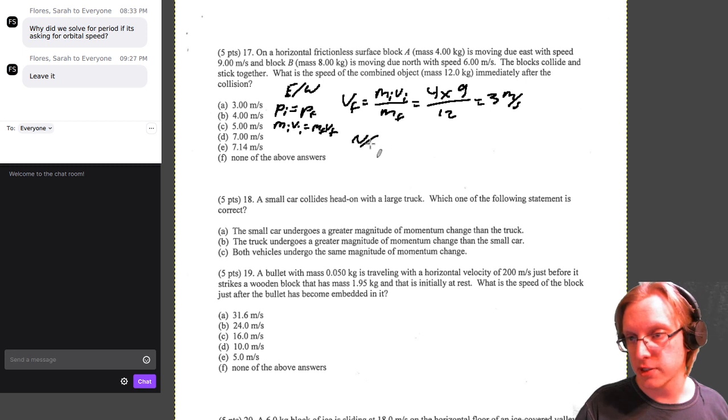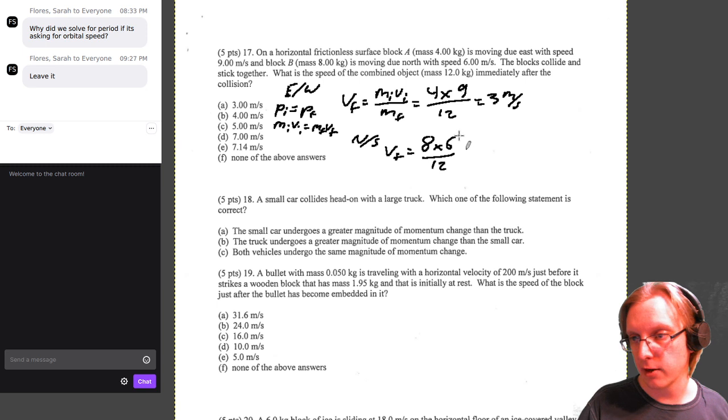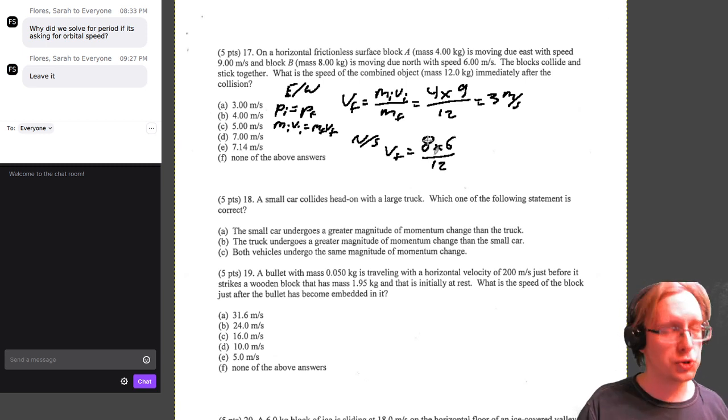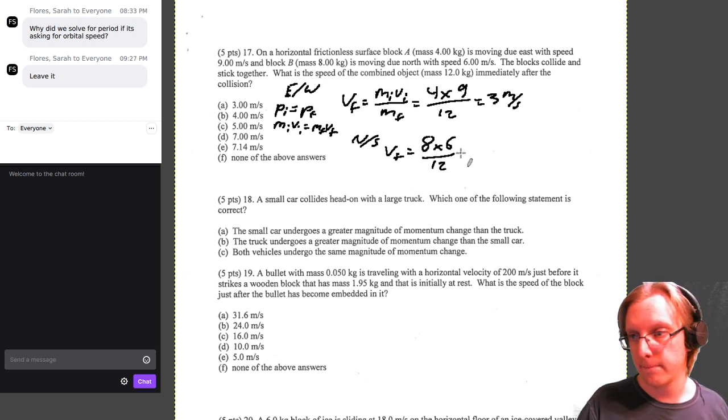In the north-south direction, same equation, V final is equal to our mass initial, 8 kilos, times 6 meters per second, divided by 12. Take a 2 out of the 8, and so that's 12 there. 8 divided by 2 is 4. 4 meters per second.